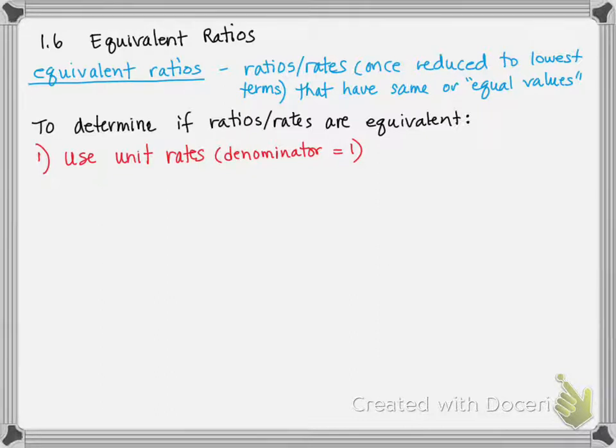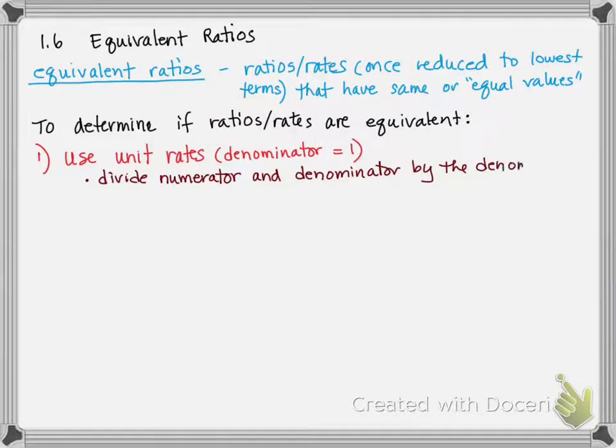Denominator equals 1. So what you're going to do is you're going to divide numerator and denominator by the denominator.